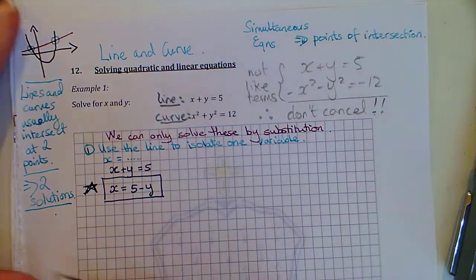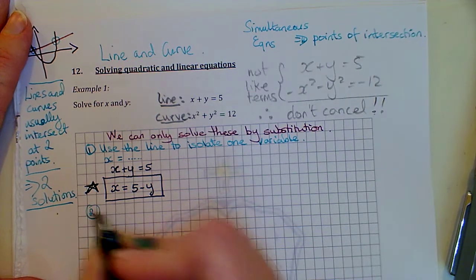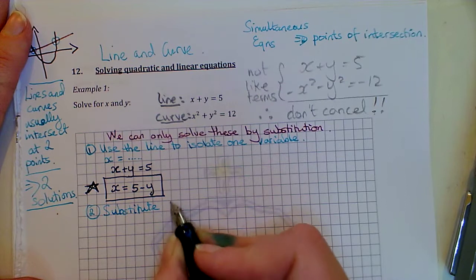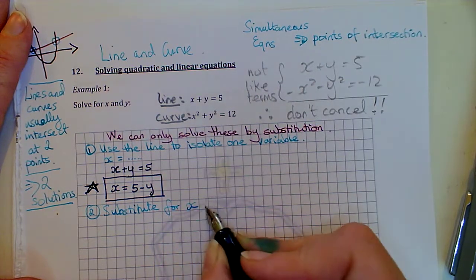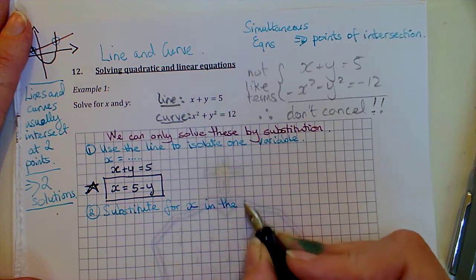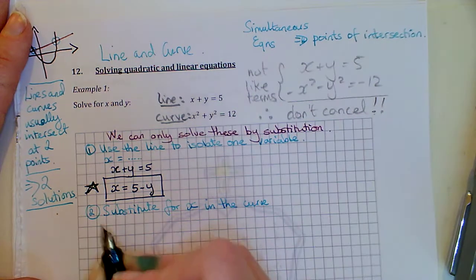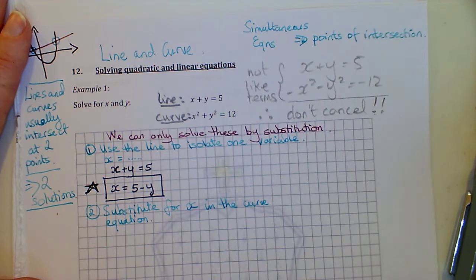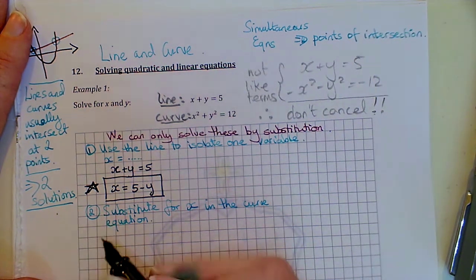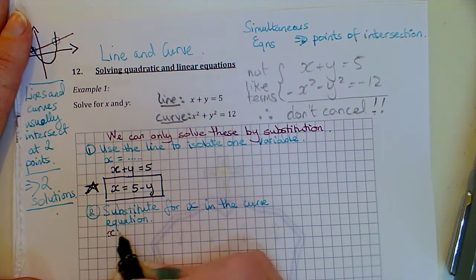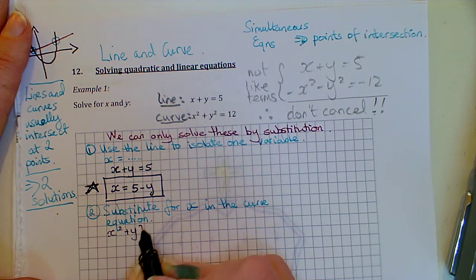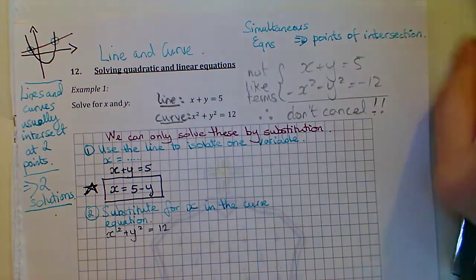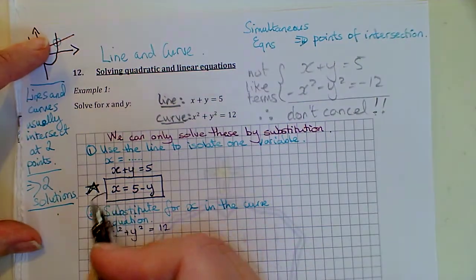Then what you do is you substitute for x in the curve equation. Okay, so what does that look like? Well, my curve equation was x squared plus y squared equals 12. But I'm going to replace x with 5 minus y.